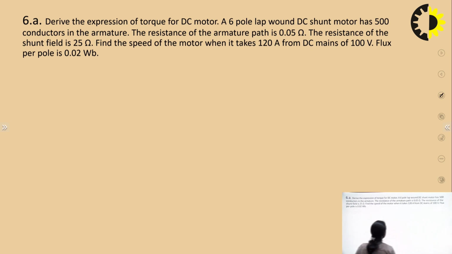So first we will draw the DC shunt motor.